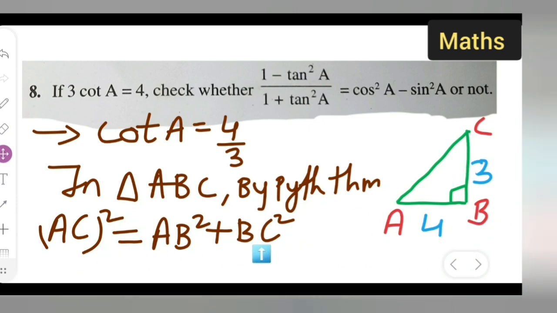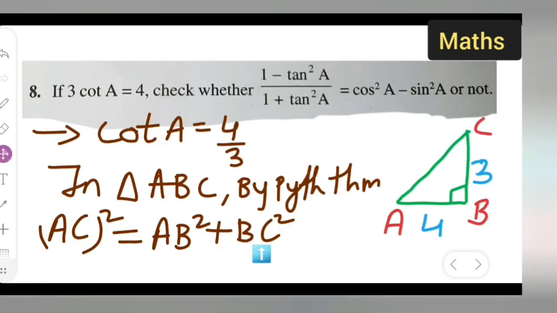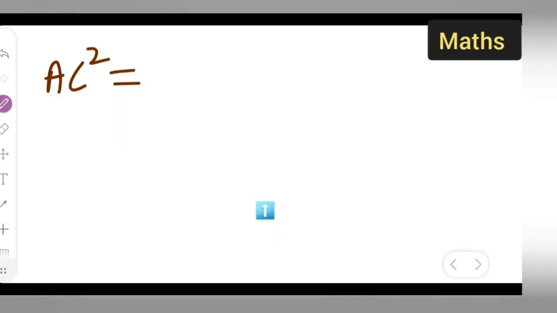Write AC square as it is over here. AC square is equal to, now what is given? AB is 4, so 4 square plus 3 square, since BC is 3.